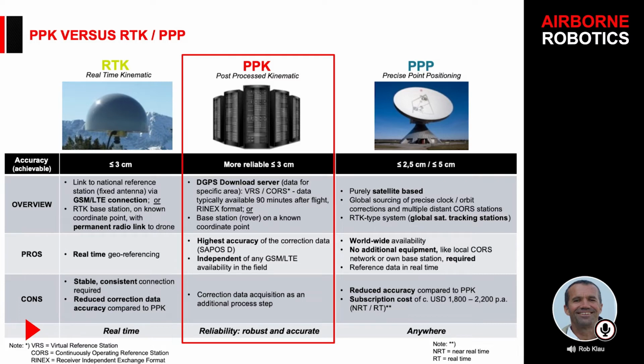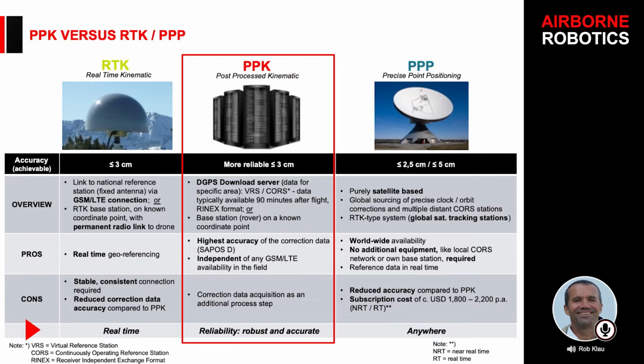So it applies precise satellite orbit and clock corrections, but then it also ties in SmartNet stations all around Europe. So effectively, you are getting to that RTK, PPK accuracy without any base station. It doesn't matter about the range to a base station.